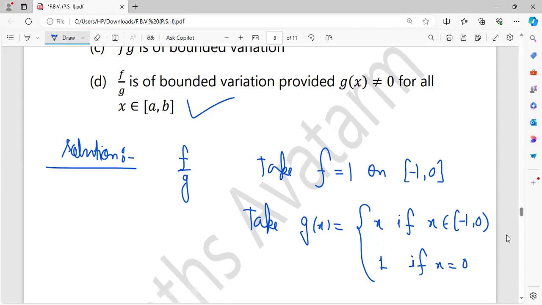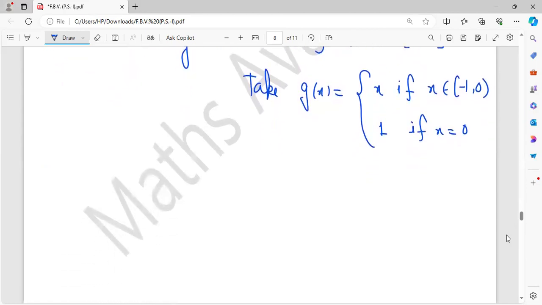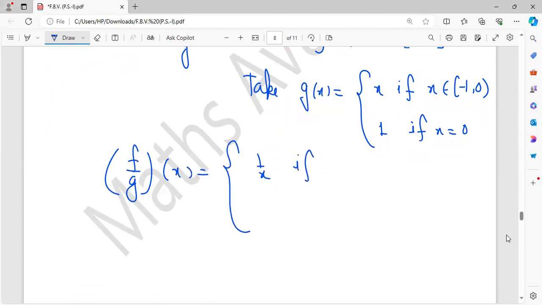Then what is this function? So what is f upon g? This is 1 upon x if x belongs to -1 to 0, and this is 1 if x is equal to 0. You can check that g(x) is never 0, but f upon g is not bounded.